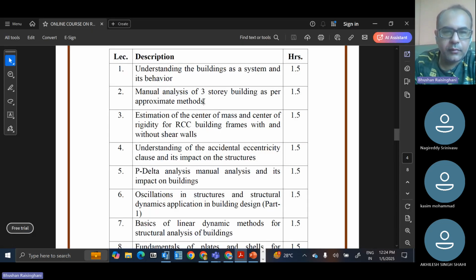So that was on the approximate methods. Currently the time given is only 1.5 hours. The reason is that we have one week to prepare for each session. So we cannot be like, for one week we are not doing anything.